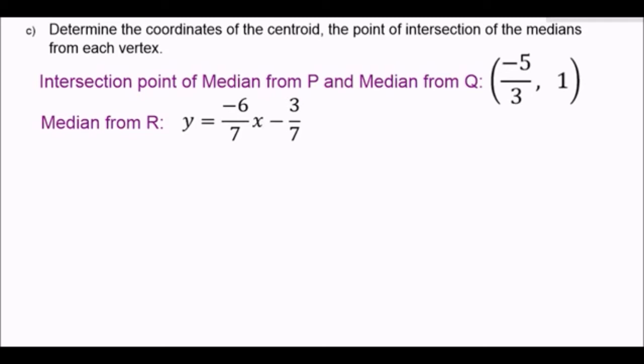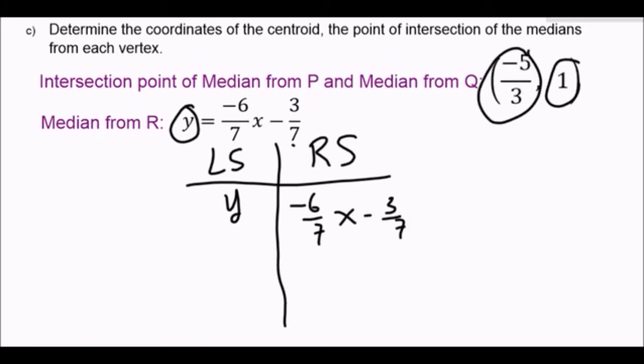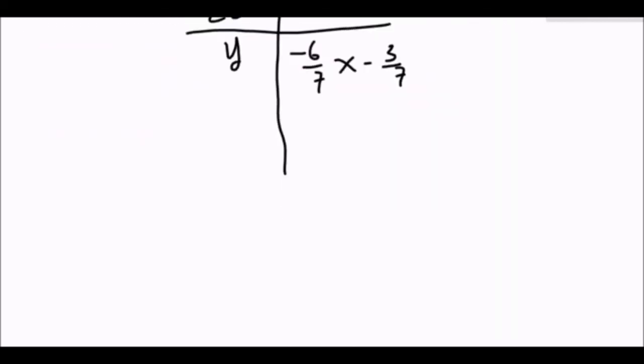So I'm going to use a left side, right side table check. Left side and right side. So the left side of the equation is y. And the right side of the equation is negative 6 over 7x minus 3 over 7. And I'm going to sub in this x and this y and see if I get a valid left side, right side balance.